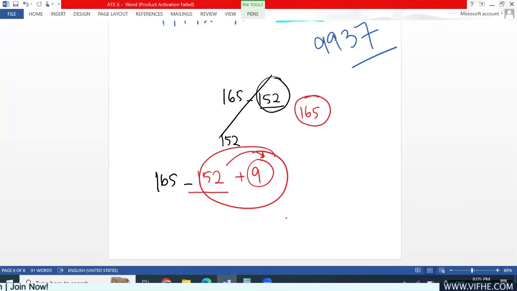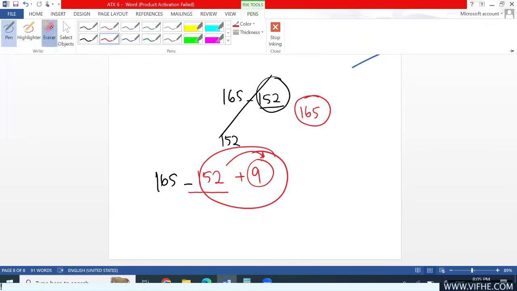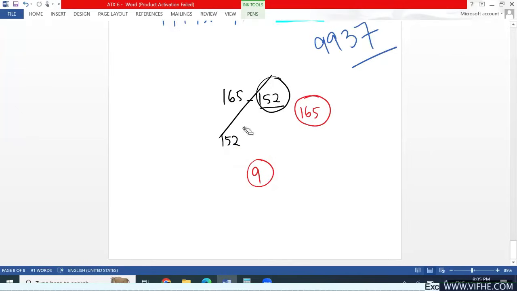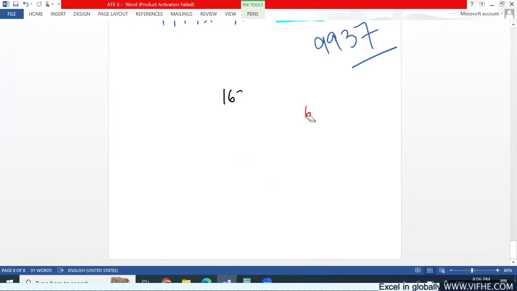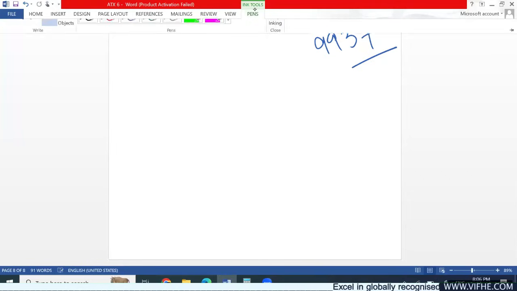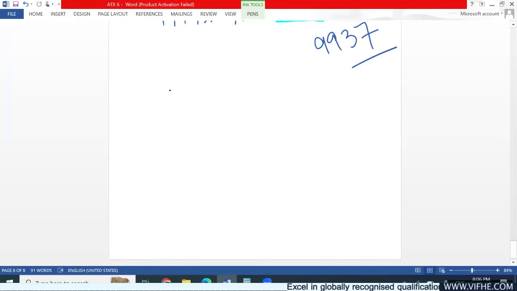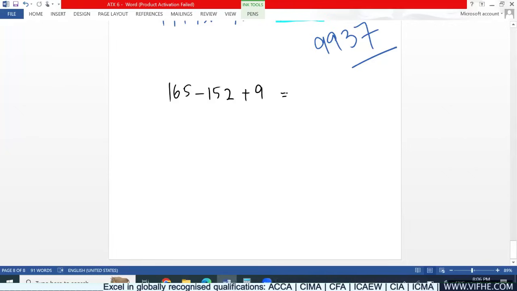So 165 less 152 plus 9, because 152 is not thoroughly to be deducted. This 152 does contain the last 9 months prior to the date of disposal, and they should be treated as a complete period of occupation.